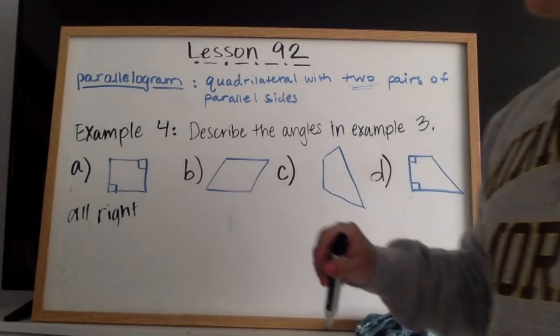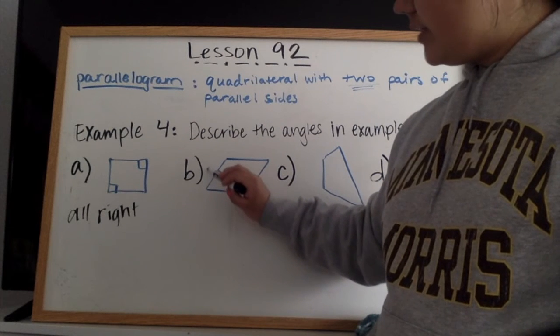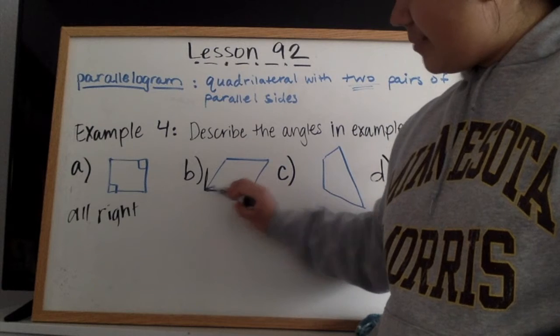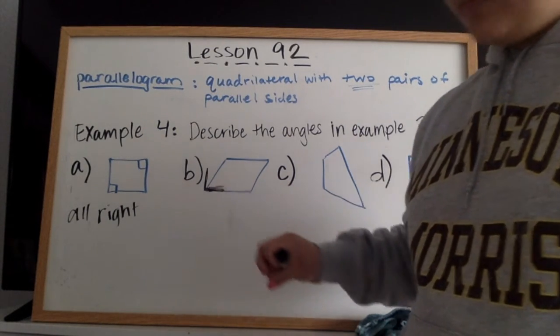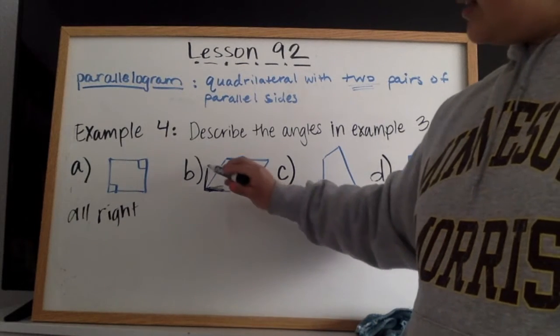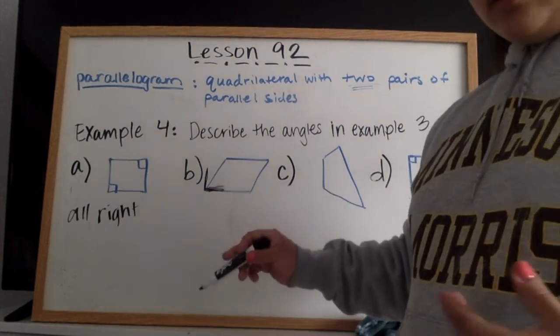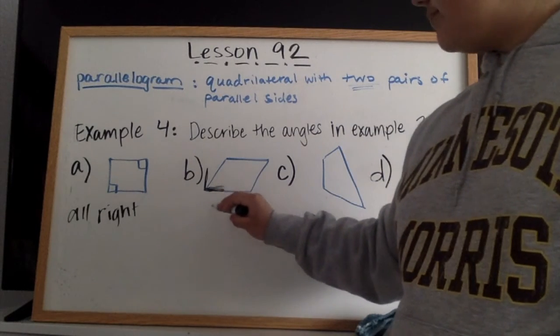Letter B, well, if these in this corner were going to be right angles, it would make that perfect L. I can see that it's inside of that right angle, so that means it's smaller than it. So if it's smaller than a right angle, that's an acute.